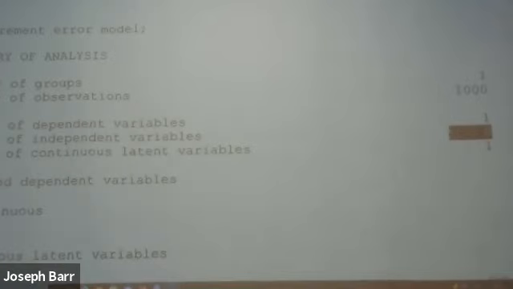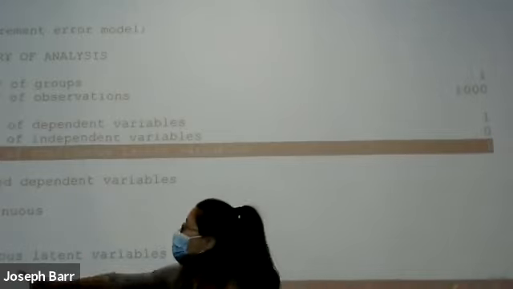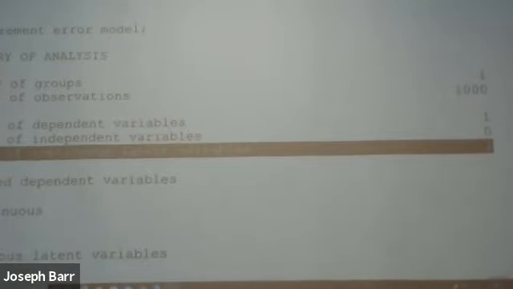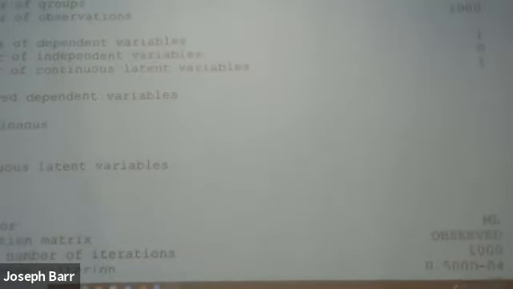And the continuous latent variable, look at this part. Number of continuous latent variables now becomes 1. In the previous case, it was 0. In the previous regression, mediation or moderation, there was no latent variable, but here we do have T, a latent variable, which is continuous. We use BY to create T. So the observed dependent variable is Y, and the continuous latent variable is T. We have two variables.